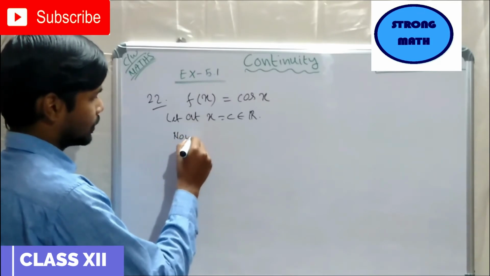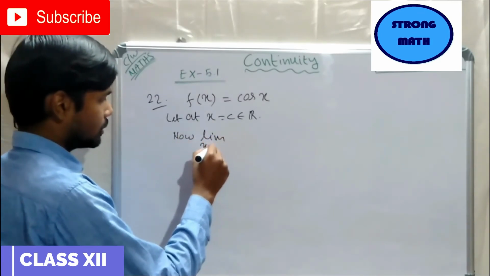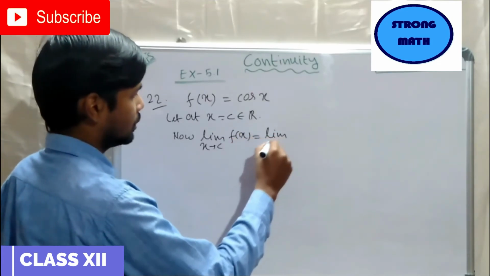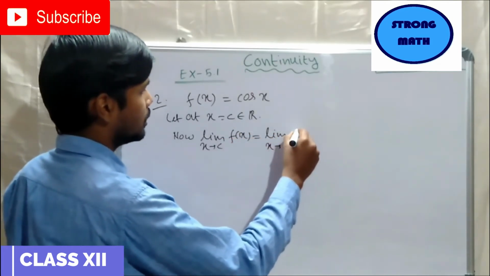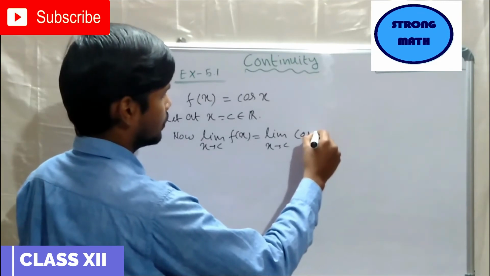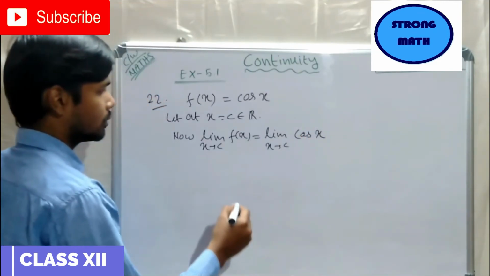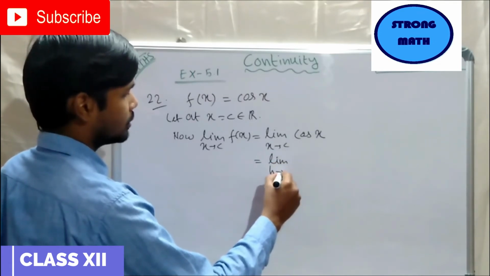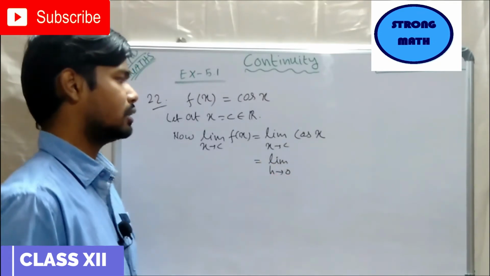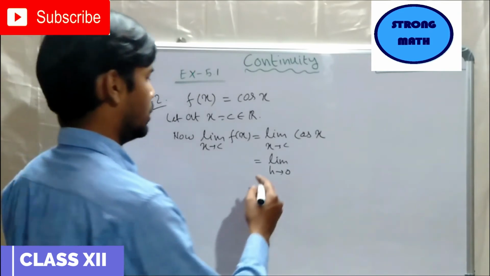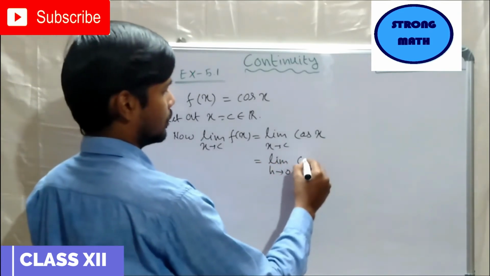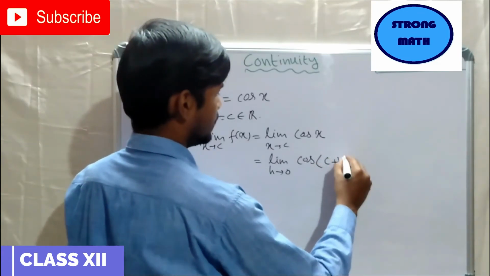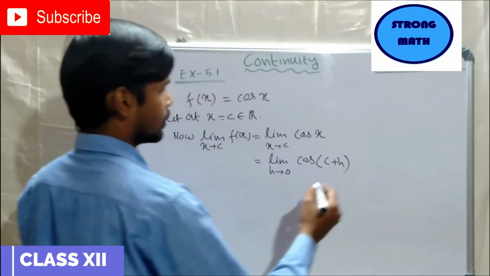Now limit x tends to c of f(x) is equal to limit x tends to c of cos x. Let's change the limit. We are putting cos(c + h).